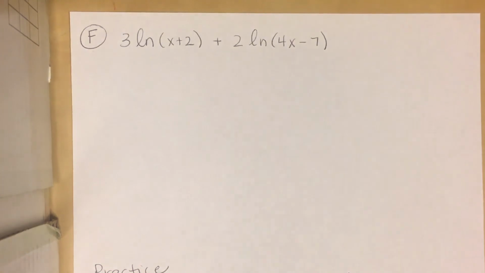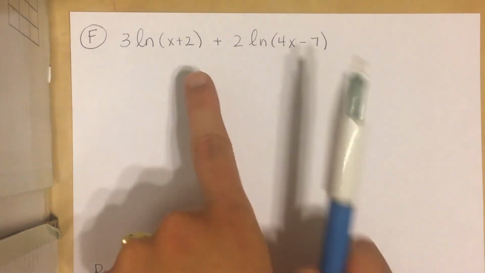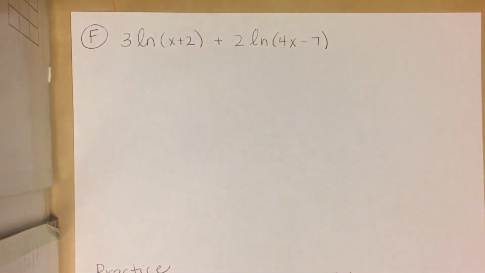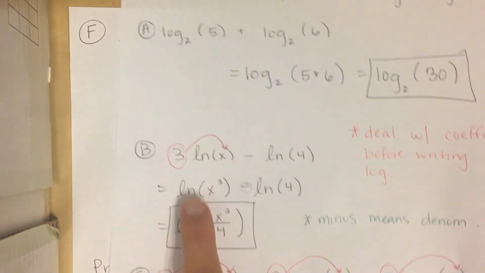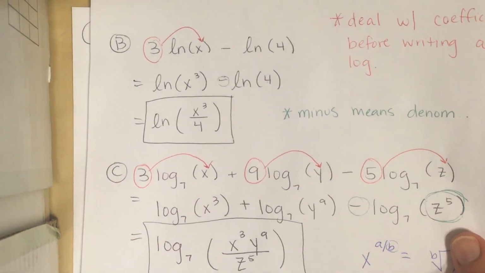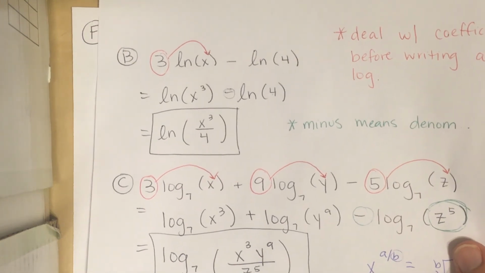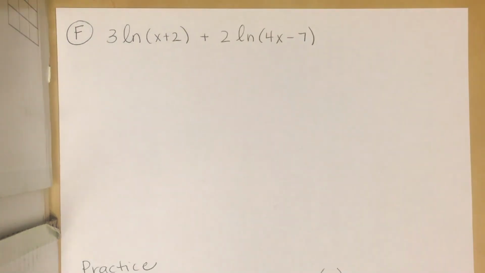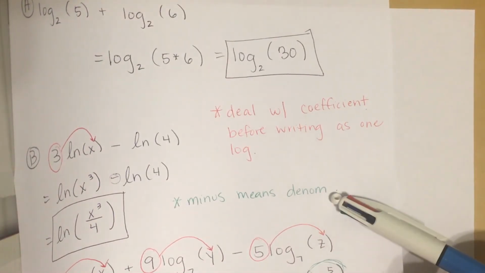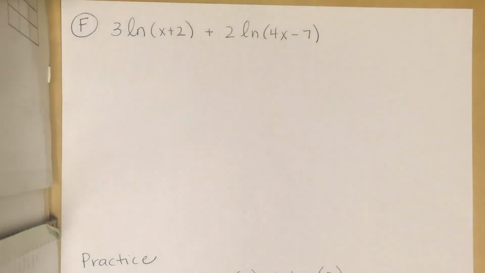Let's do one last example. If you plan to take calculus, you're more likely to see something like this, where you have binomials in your parentheses instead of just single numbers or monomials that just have a mixture of x's and numbers with no plus or minus. The rules don't change. We're still going to deal with your coefficients first, and minus still means move in the denominator.